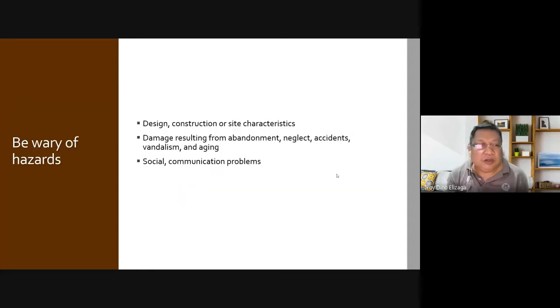When we go to document for a project, we should be aware of the hazards involved, because there are many possible hazards that we can encounter. The design, construction, or site characteristics, for example. The structure can be built near a cliff, so it's dangerous. It could be very near a road or near a sea, or maybe on an island, where you have to cross the sea and it can be turbulent.